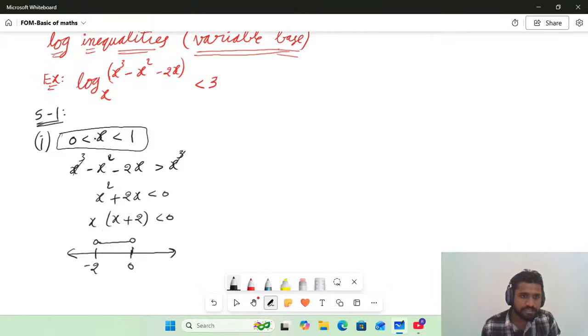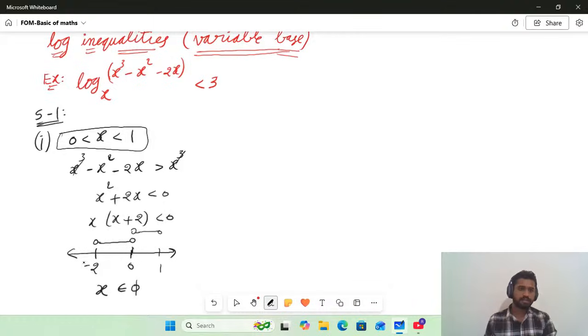So x should lie between 0 and 1, as well as x should lie between minus 2 and 0. What is the common part for these two intervals? There is no value satisfying both conditions. So x belongs to the empty set. In the first case, we didn't get any solution.